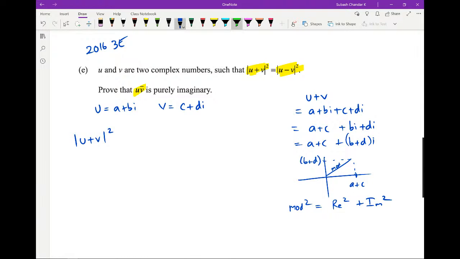So if I look at my real part is A plus C, and then my imaginary part is B plus D. So this could be written, because the modulus of that is equal to A plus C squared plus B plus D squared.